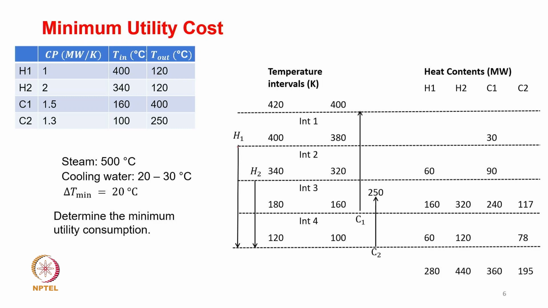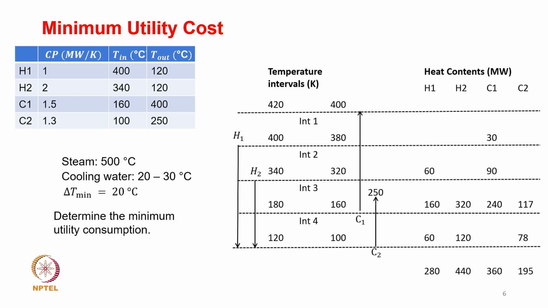H1 comes in at 400 and goes out at 120. H2 comes in at 340 and goes out at 120, and similar inferences hold for the cold streams as well. One comes in at 160 and goes out at 400, and the other comes in at 100 and goes out at 250. And this part of the table specifically talks about the heat contents.